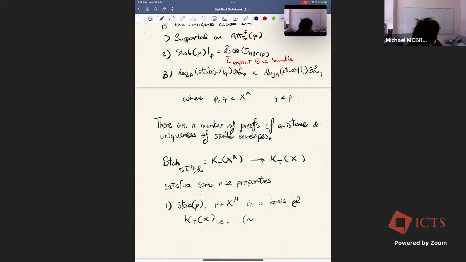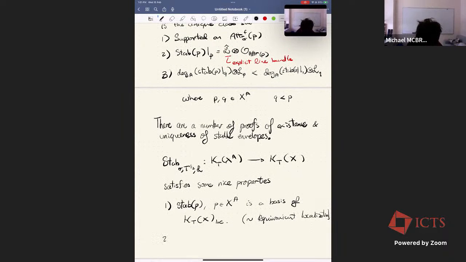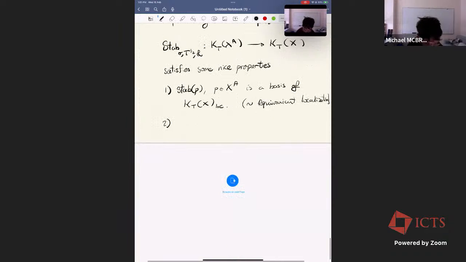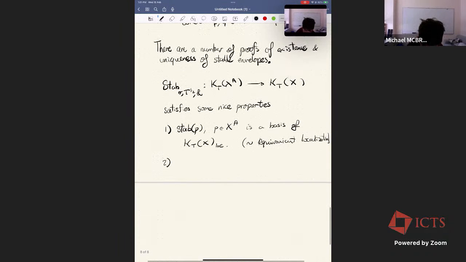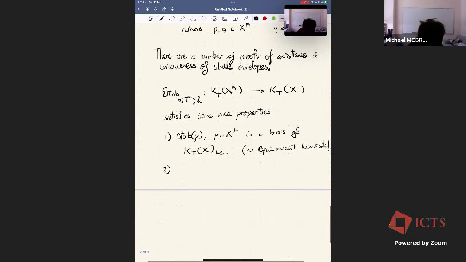This is analogous to the usual equivariant localization phenomenon. But unlike with equivariant localization, there's an interesting integrality property here. You've constructed actual classes in K_T of X, not in some localization of K_T of X. They happen to be a basis once you localize. The second property is an orthogonality property, which is also very important.